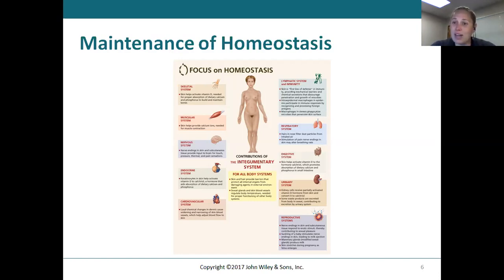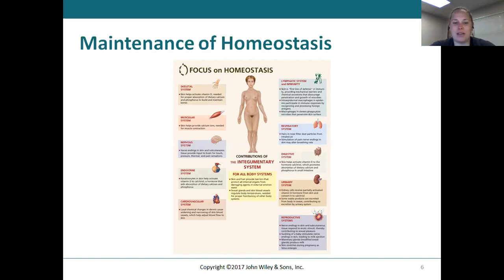The digestive system again has an important dependency upon vitamin D that helps dietary calcium get absorbed so it can go throughout the body and interact with things like the skeletal system and the muscular system. And then the urinary system, again, the role of vitamin D and calcium is very important there.